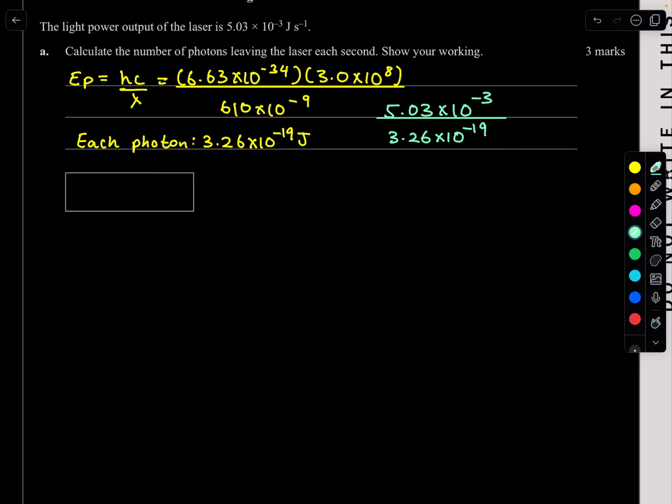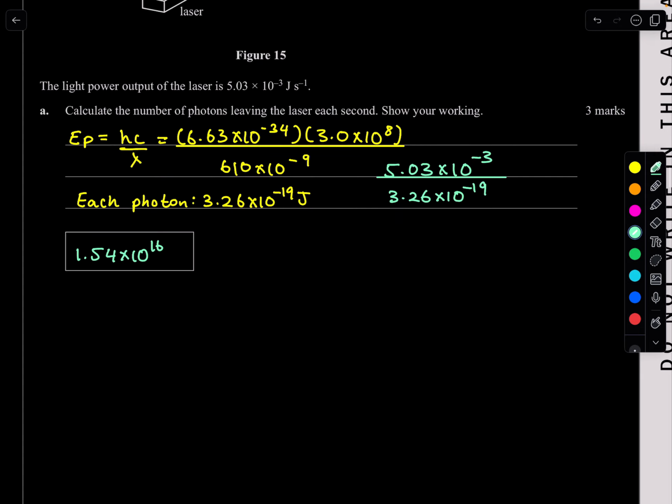That basically gives me 1.54 times 10 to the power of 16. It's a number. You don't write joules. There's no unit for a number. And yeah, that's basically it.